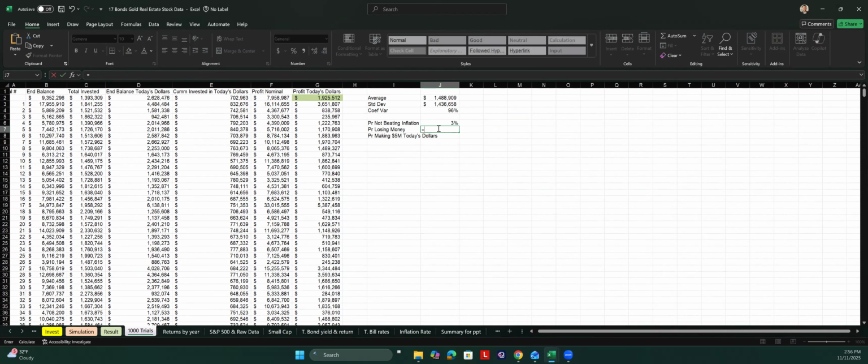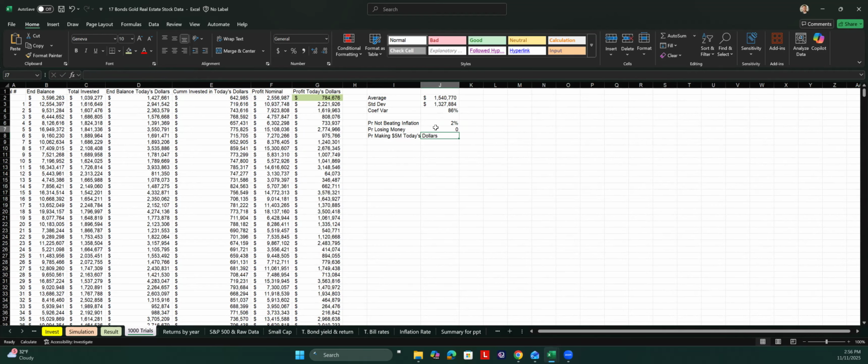Probability of losing money, a similar formula. Maybe I'll just do Control C, Control V. But instead of looking at today's dollars, I can look at the nominal dollars. So you can see that probability is pretty much zero.